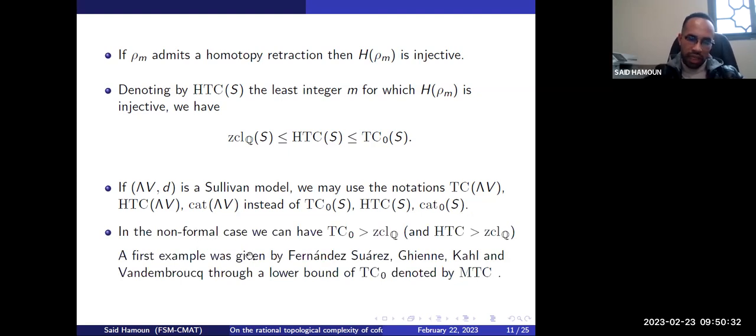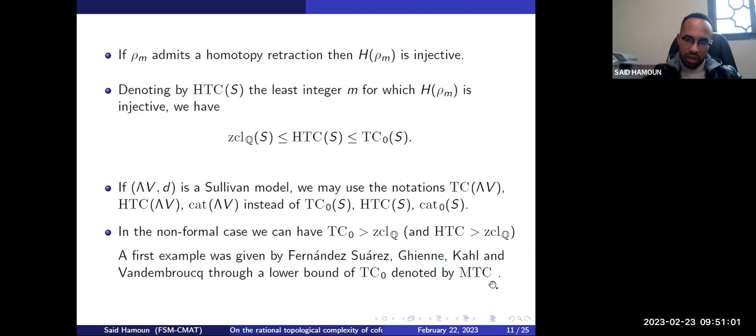And in the non-formal case, there exist some examples for which the rational topological complexity may be strictly greater than zero divisor cup length. And the first example was given by Fernández Suárez, Ghienne, Kahl, and Vandembroucq through a lower bound of the rational topological complexity denoted by MTC.